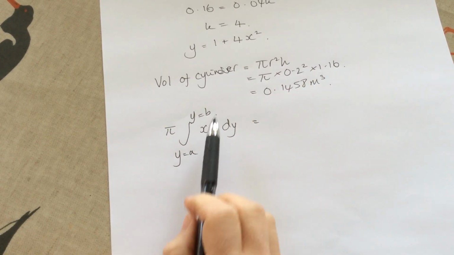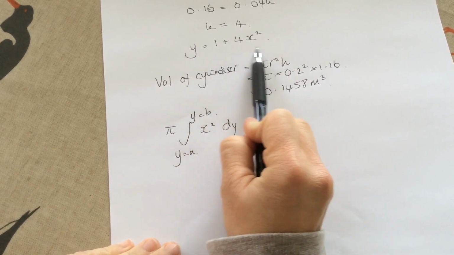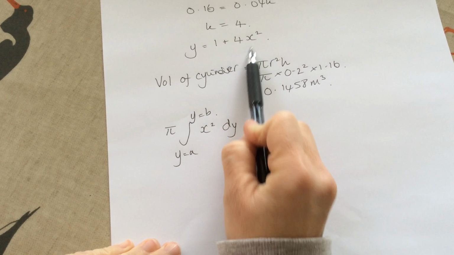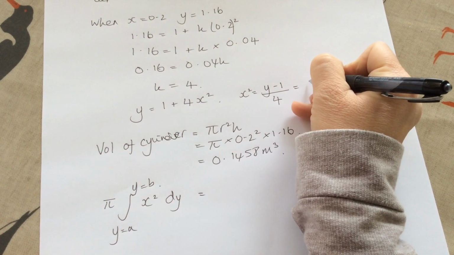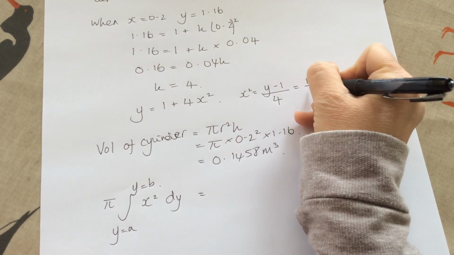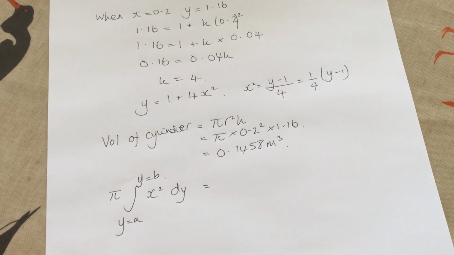But I also need to rearrange the equation of the curve to give me x squared. That's going to be y minus 1 over 4 is going to be x squared. But for ease of integration, I'm going to think of that as a quarter times y minus 1.